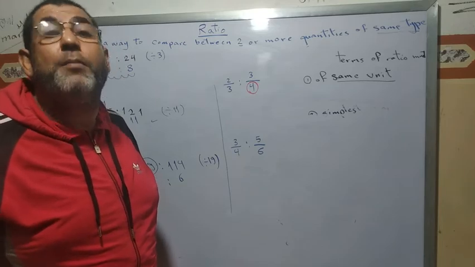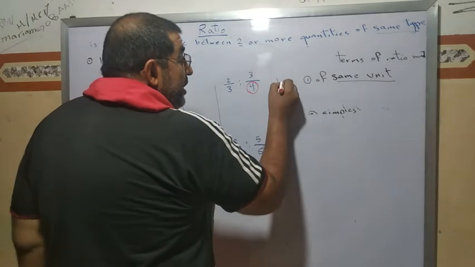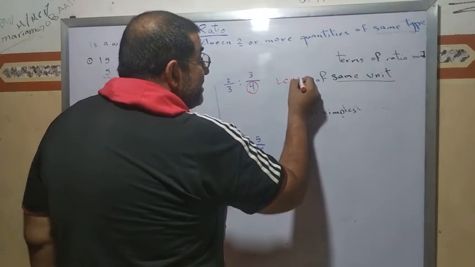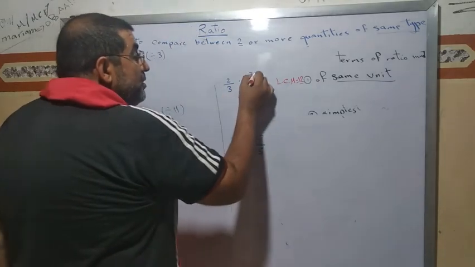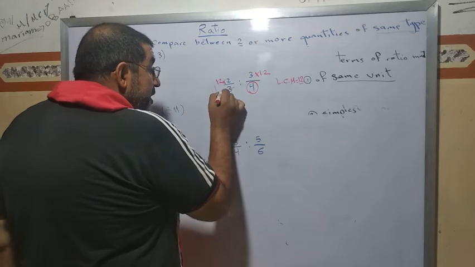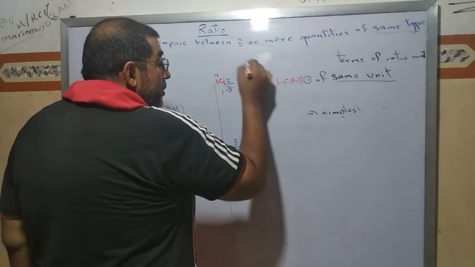Multiply both of the numbers. 4 times 3 equals 12. That means the LCM of the denominators of these numbers is 12. So we must multiply this by 12 and this by 12. 12 divided by 3 equals 4, 12 divided by 4 equals 3.